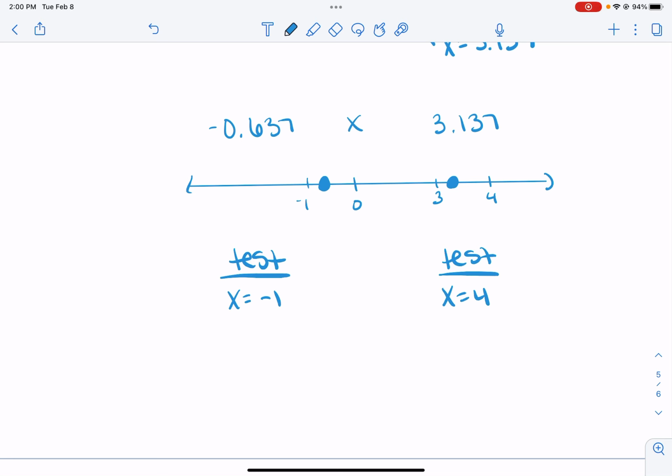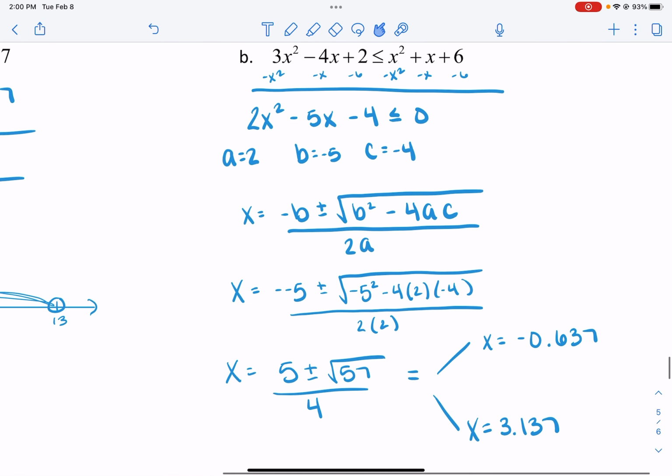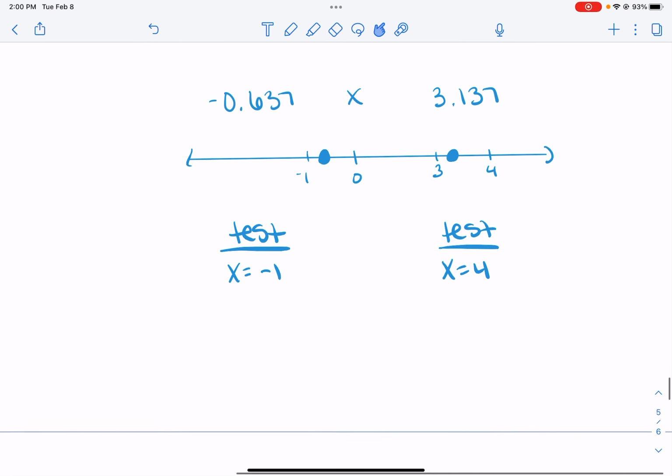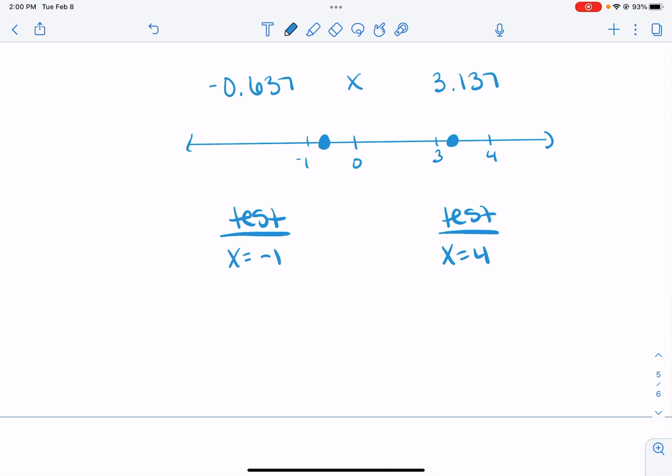Okay, so I'm going to plug those in to our equation that we had right here. So we have 2 times -1 squared minus 5 times -1 minus 4 is less than or equal to 0. This becomes 3 is less than or equal to 0. That is false. 3 is not less than 0.